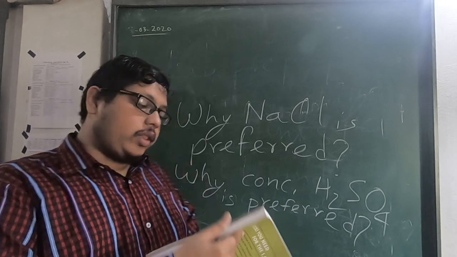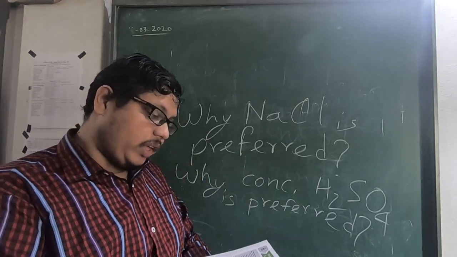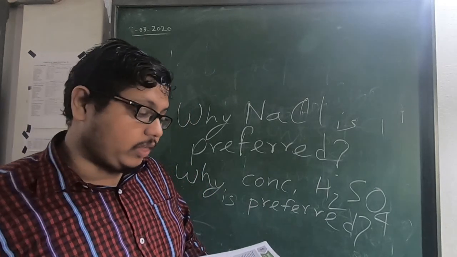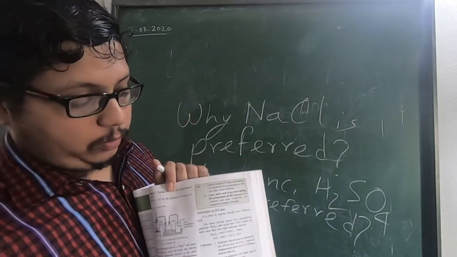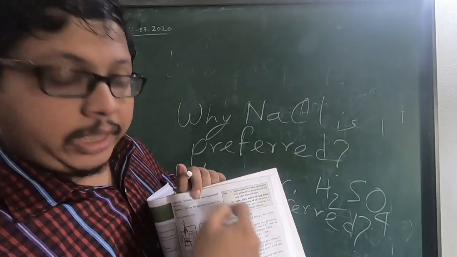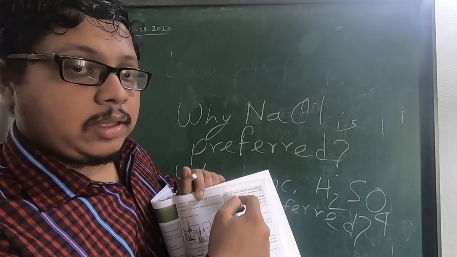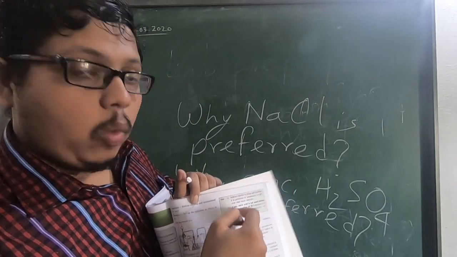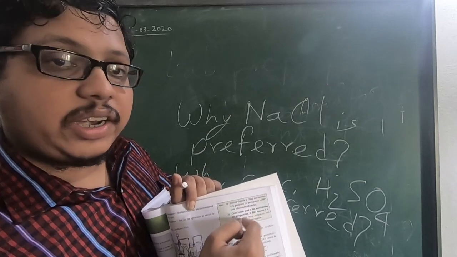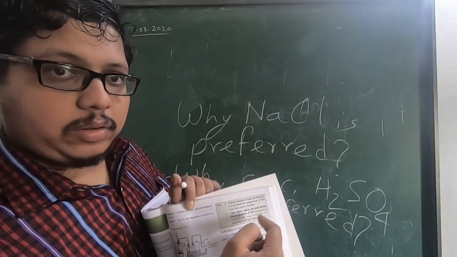Okay? If I can show you in the book, if you want to see, this is page 143, right here in the note section. It is written why we are going to use NaCl. In the same place it is written why we are going to use concentrated sulfuric acid.